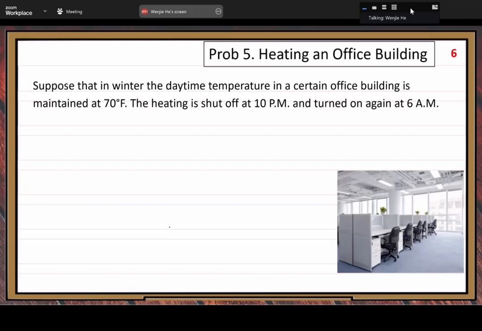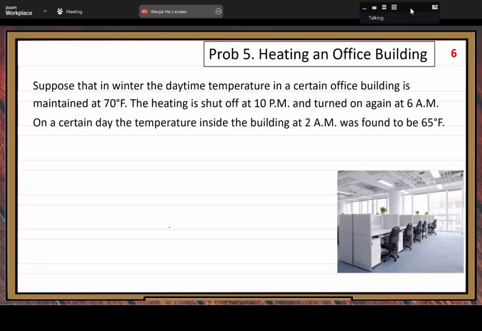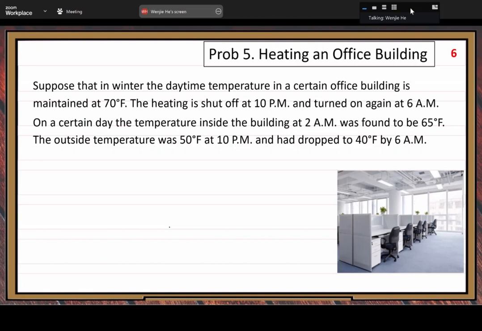The heating is shut off at 10 p.m., and then turned on again at 6 a.m. On a certain day, the temperature inside the building at 2 a.m. was found to be 65 degrees F. And the outside temperature was 50 degrees at 10 p.m.